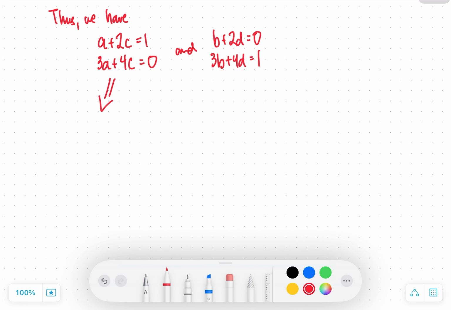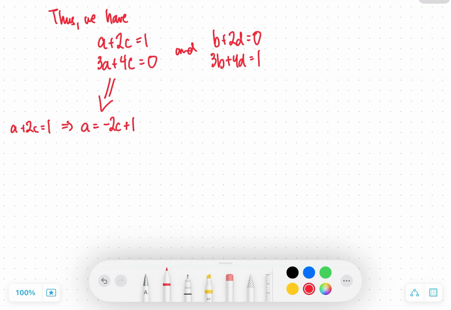I'm going to use substitution, and I like the way a is situated on the left side here, because a already has a coefficient of 1. So we're going to make use of that. Thus, from this equation, we can just transpose the 2c to the other side, so a is negative 2c plus 1.